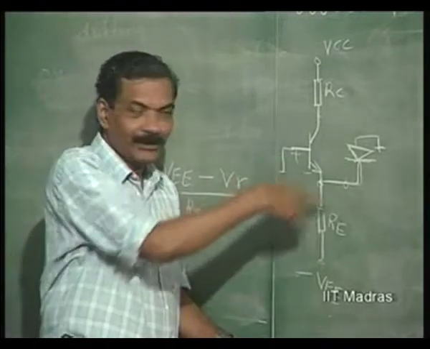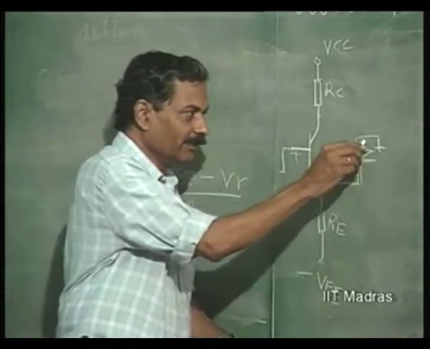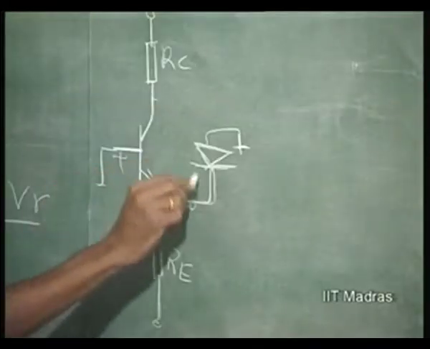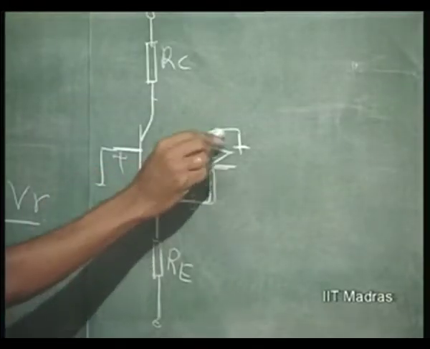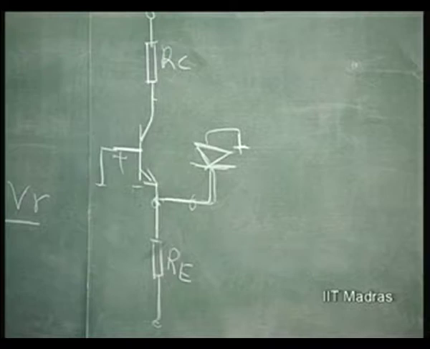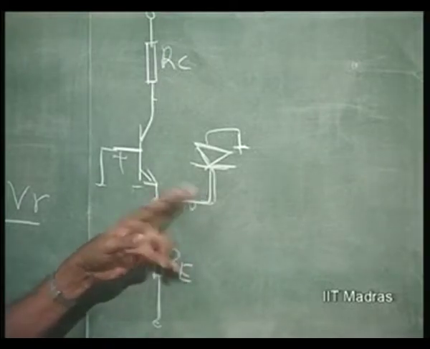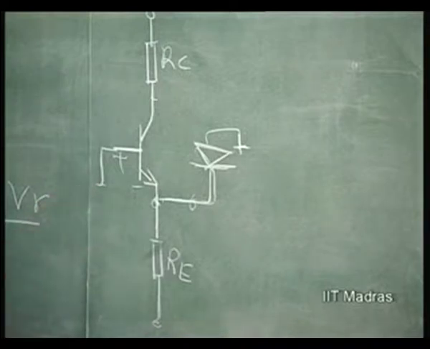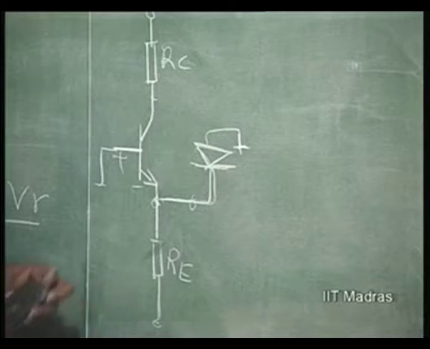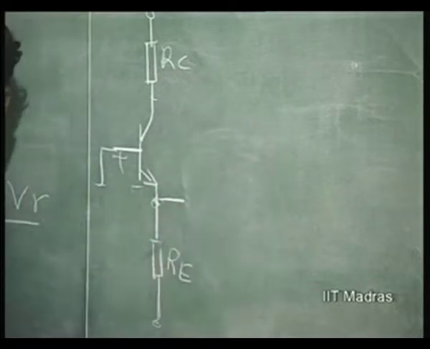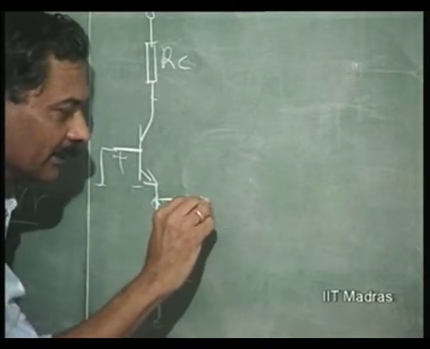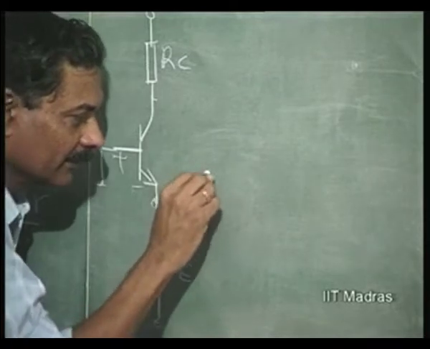So, I put a diode here, this will be grounded, this is grounded, and this is at minus 0.6, this is at minus 0.6 for this diode also. So, this diode is as much forward biased as this diode. In an integrated circuit, this diode is not going to be specially made for you; you are going to use the same transistor emitter base junction.